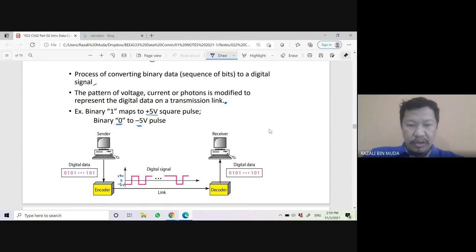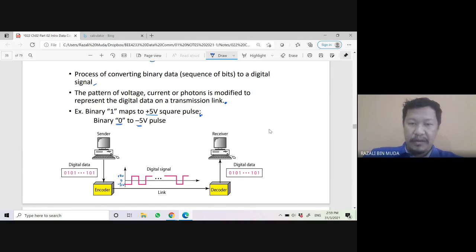The signal transmitted here is in the form of a square wave pulse with plus 5 and minus 5.